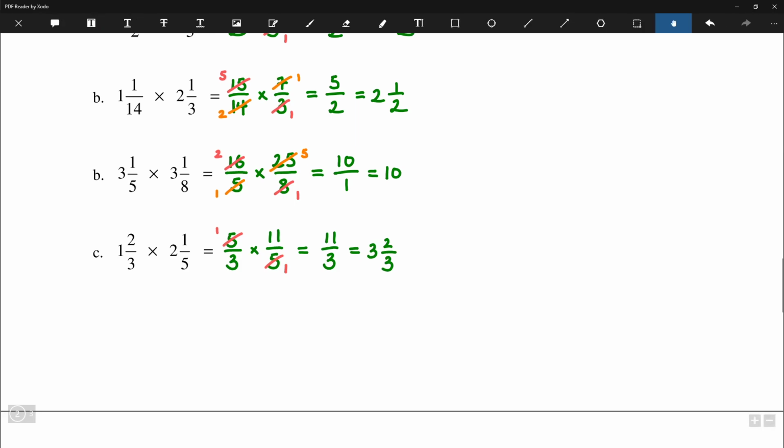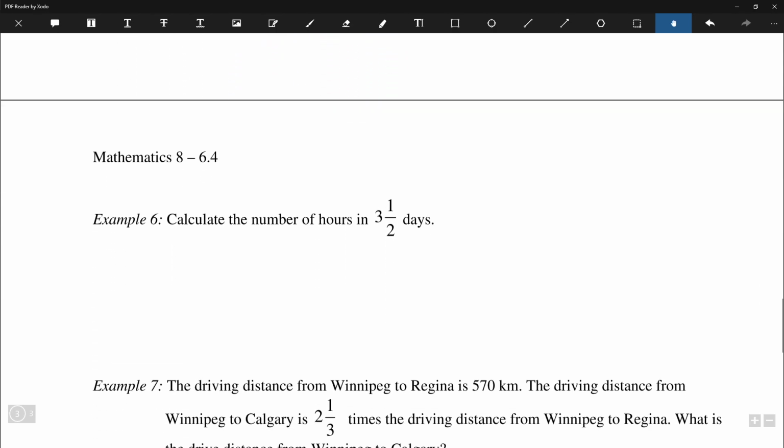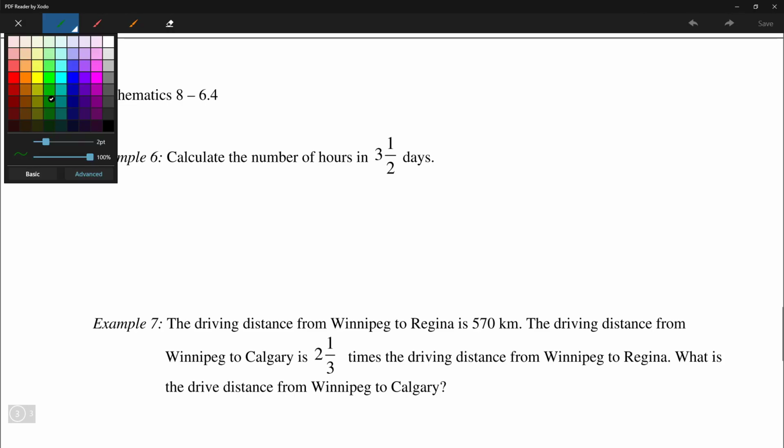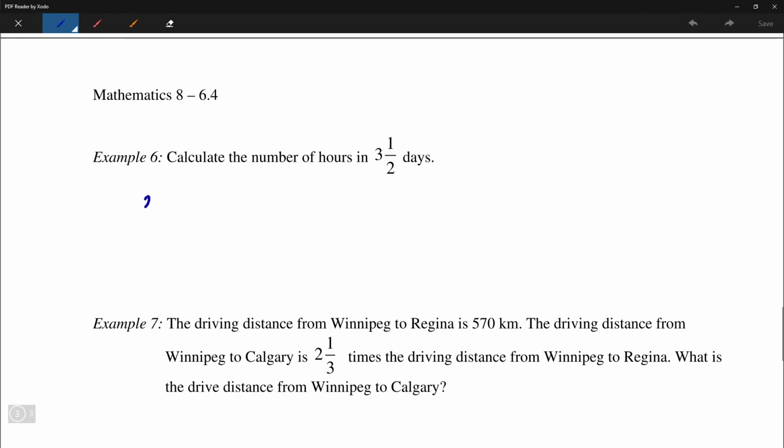Okay, so finally, just a couple of quick word problem examples. The number of hours in 3.5 days. So in this case, we're looking at 24 hours per day multiplied by 3.5 days. Then we can rewrite 3.5 as 7 over 2.